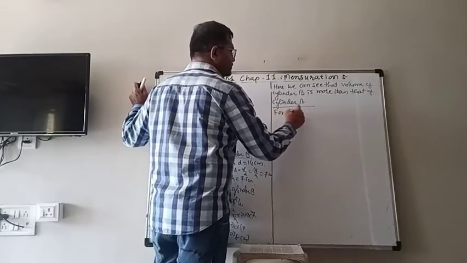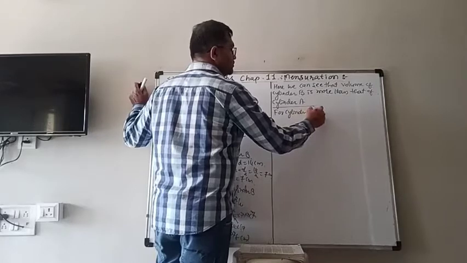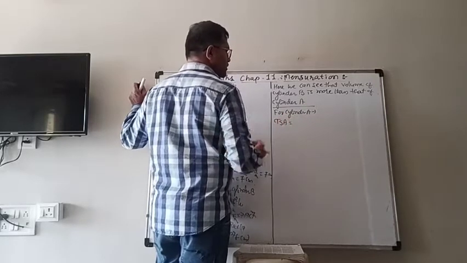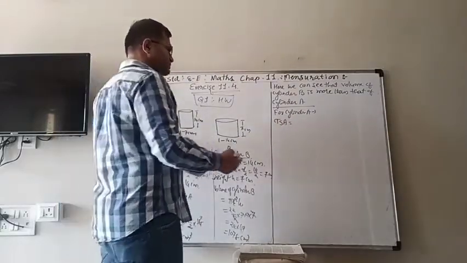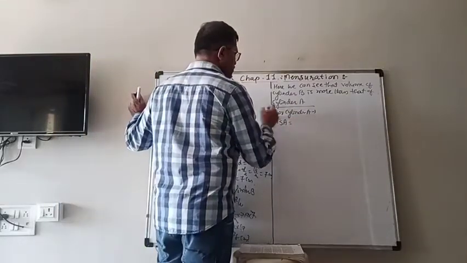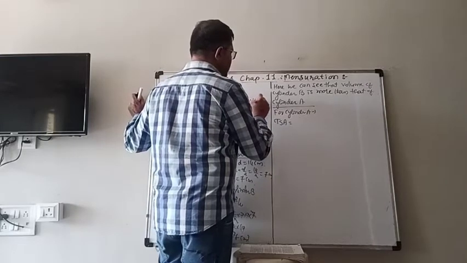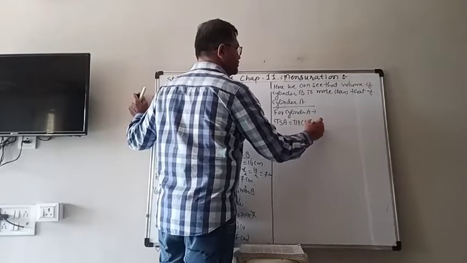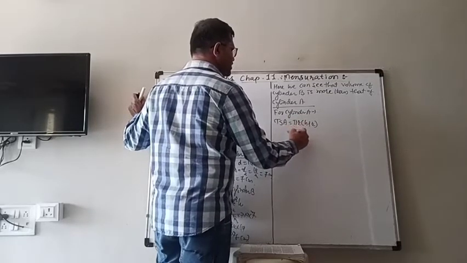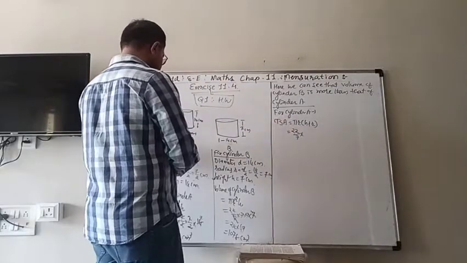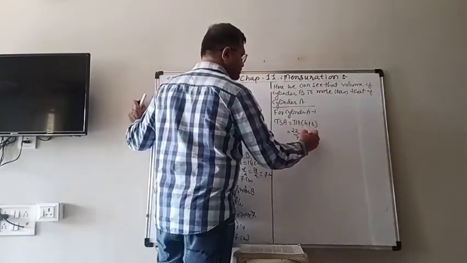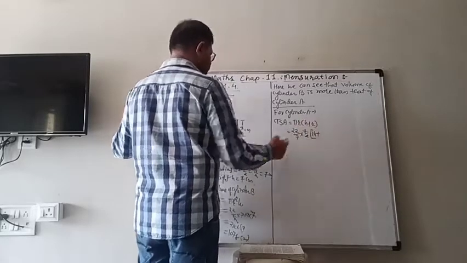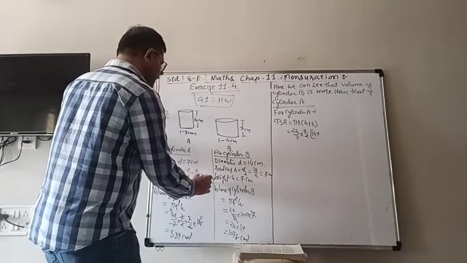Now for cylinder A, TSA. What is the TSA for cylinder A? We know that pi r into bracket h plus r. That is 22 upon 7. Here r is 7 upon 2. H 14 plus 7 upon 2, you can take as 3.5 also.